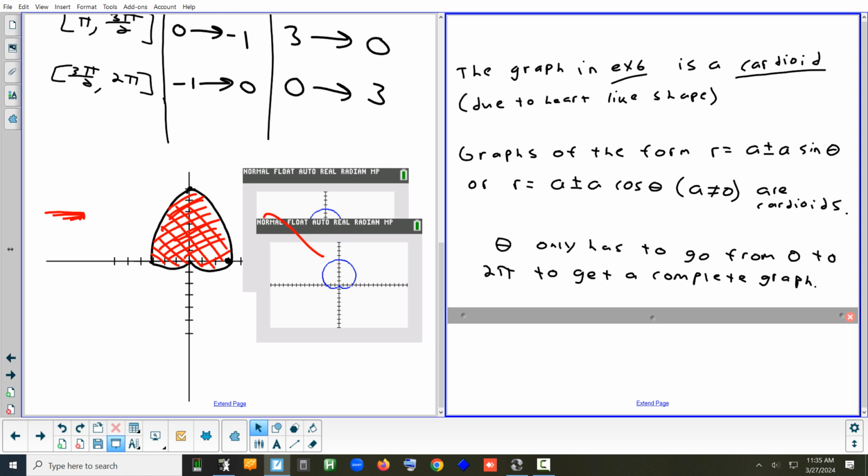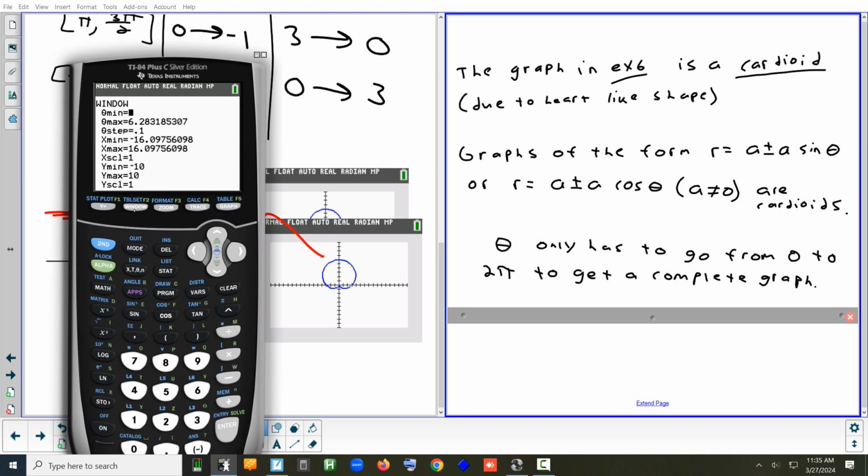Remember, your theta min and your theta max does need to go from 0 to 2 pi. If I go 0 to 4 pi, what's going to happen when I draw it? It's not going to complete the full circle. No, it's going to complete the full circle twice as much. It's going to go around twice. So you might see it, you might not. Yeah, you can see it.